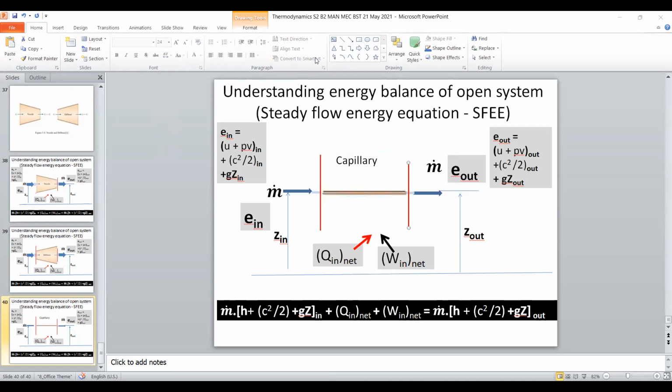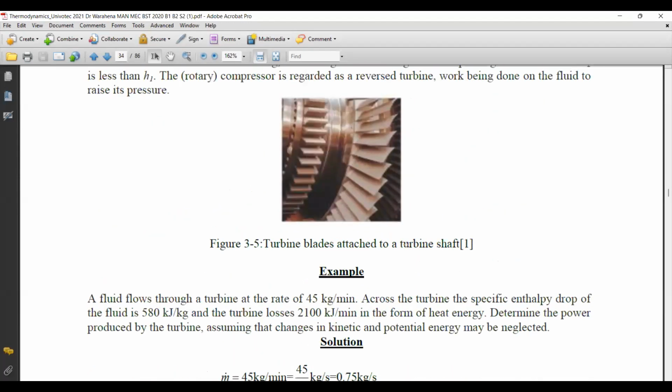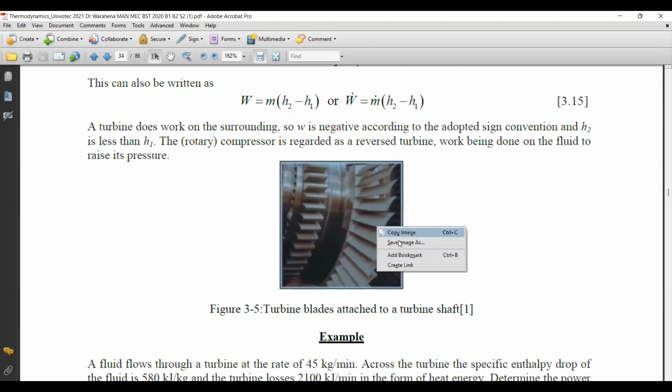Go back to your note. You have to understand all, you have to refer to all. Turbines. See? You can put the turbine. In and out.